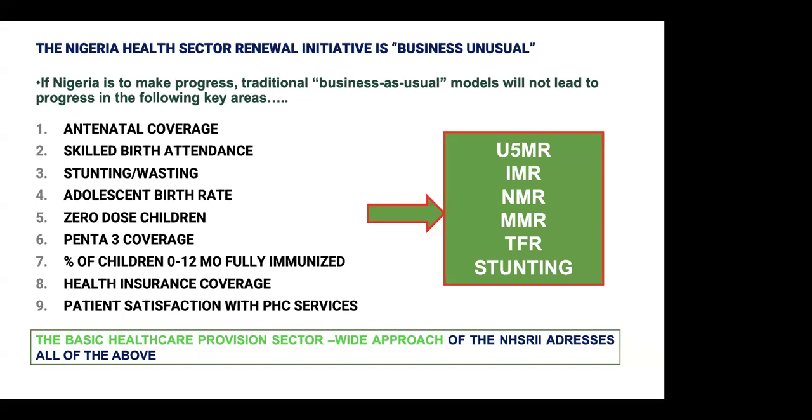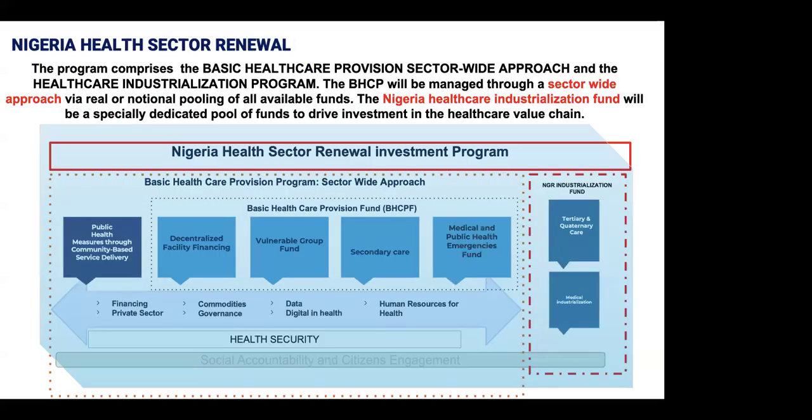And that is why the sector renewal project focuses on them. You're also familiar with the broader Nigeria Health Sector Renewal Investment Program that basically has 2 components. A revitalized basic healthcare provision fund that is now supposed to be a basic healthcare provision program.